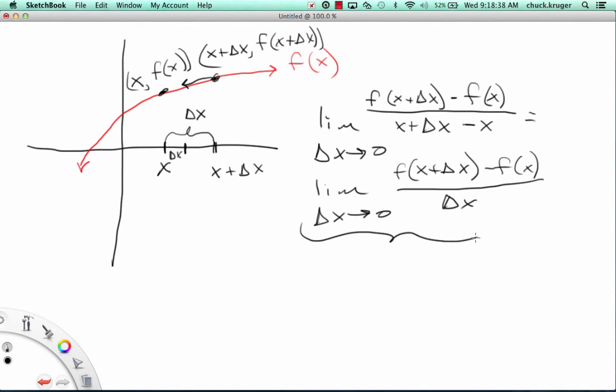And this gives me the formula of the derivative.